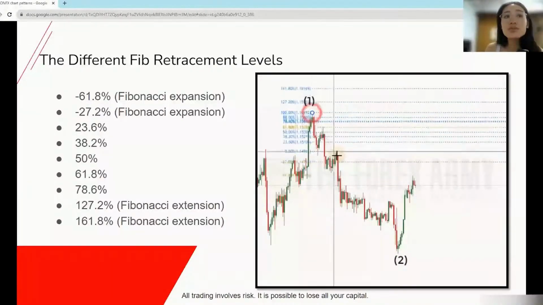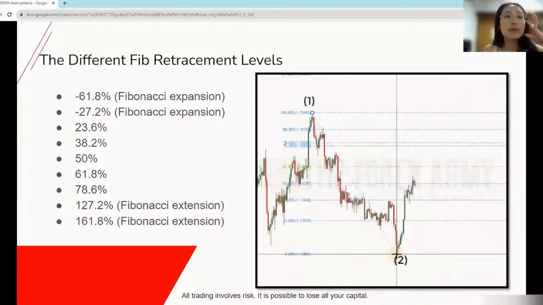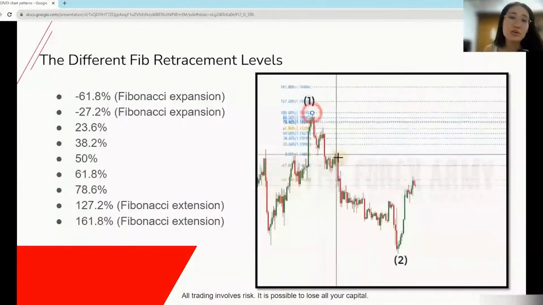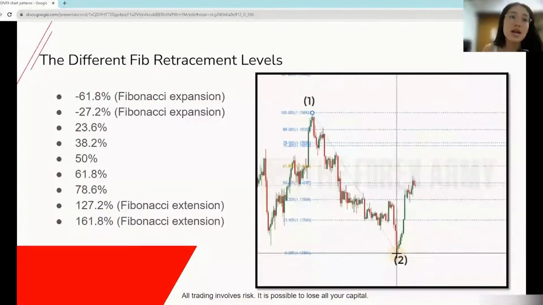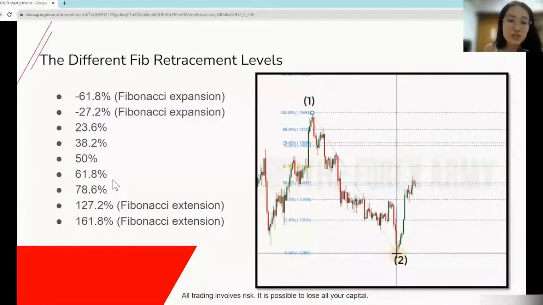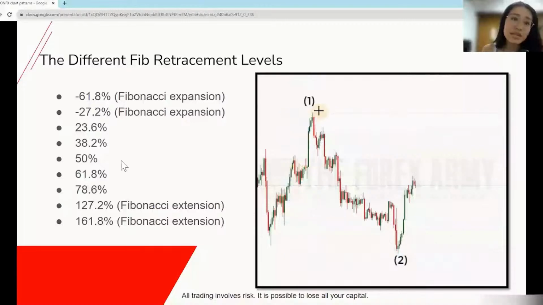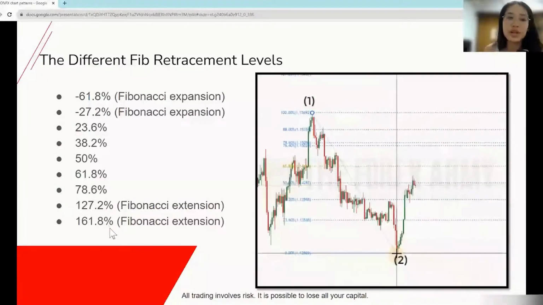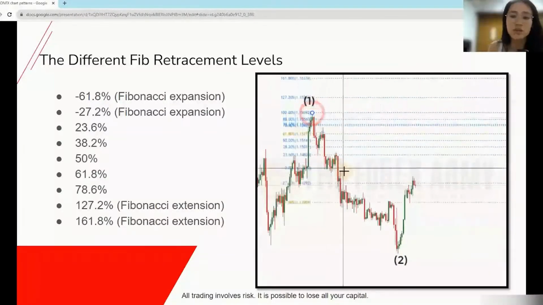So for the negative Fibonacci levels, minus 27.2 and minus 61.8, those are our Fibonacci expansion levels. And then the between 0 to 100 levels, those are considered Fibonacci retracement. And then for the 127.2 and 161.8 or above 100%, those are what we call our Fibonacci extensions.